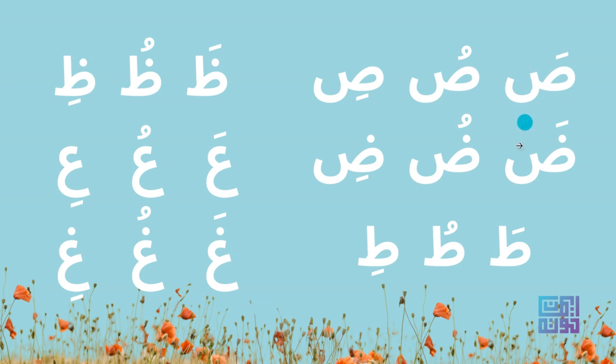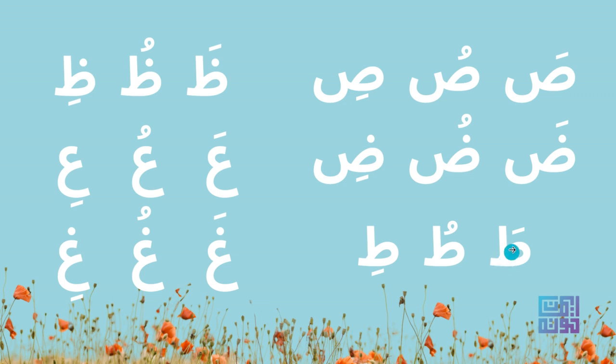The sad and the dad. But with the ta and dha, they don't have this teeth at the end, but they have this stick on top of them, which looks like an alif. It's not an alif, it looks like an alif.